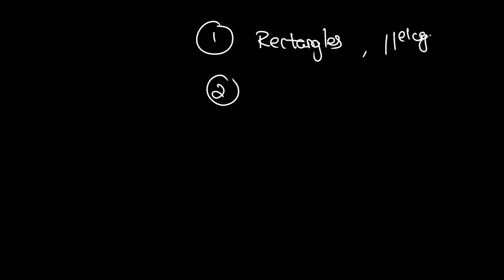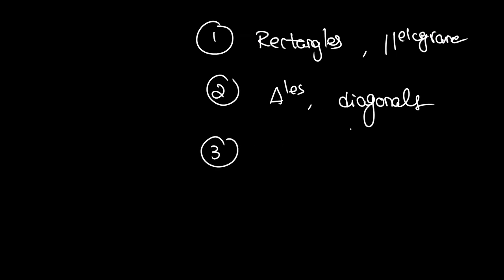How many rectangles? How many parallelograms? How many diagonals in a polygon? How many triangles? There are a lot of applications. How many straight lines? These combinations will help you.